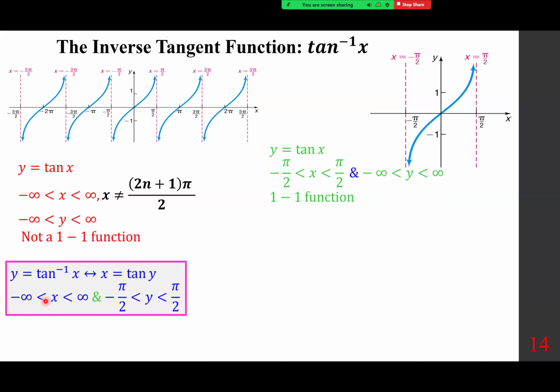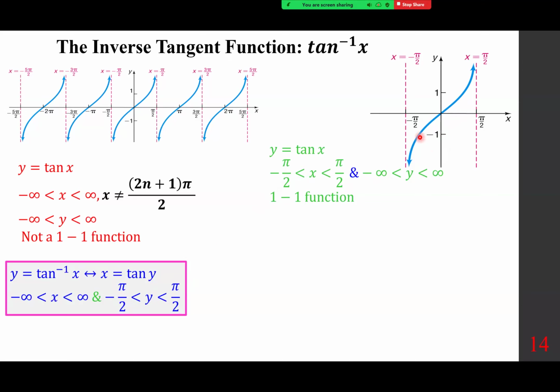When x is between negative and positive infinity, because remember, the range of the tangent function, y between negative and positive infinity, becomes the domain for its inverse, and then y is between negative pi over 2 and pi over 2. That was the domain of tan x, which becomes the range of its inverse. So we pick a few easy points for the sake of graphing.